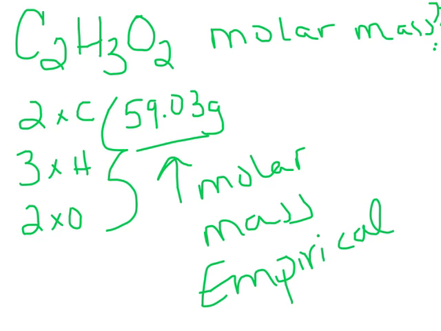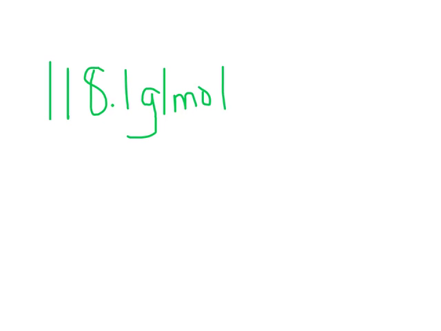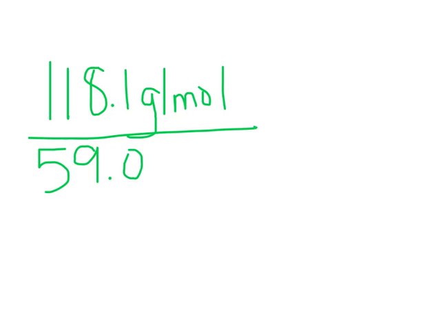Now you're going to divide the 118.1 grams per mole by the empirical mass, which is 59.03 grams, and you're going to get a 2.